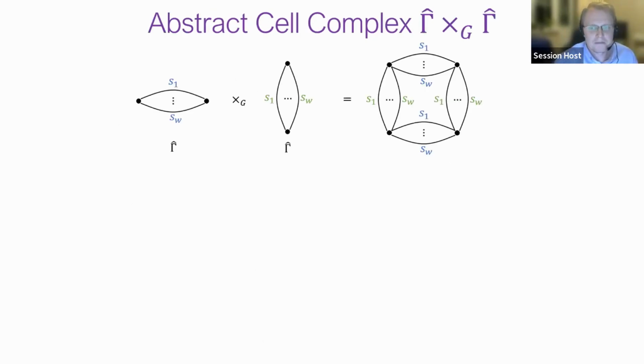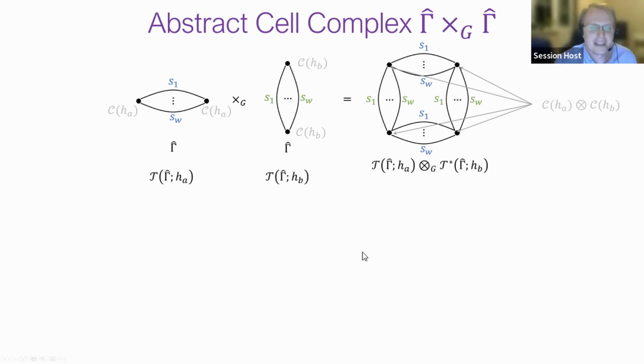Okay, so to summarize, our construction is as follows. We have two Tanner graphs. Here we have vertices, we have these local codes, local constraints, and we have bits that sit on these edges. We have two such Tanner codes, and we apply this G-lifted product construction to them.